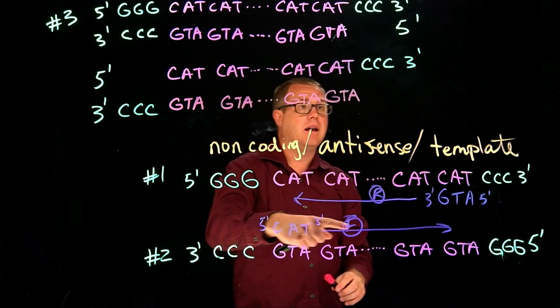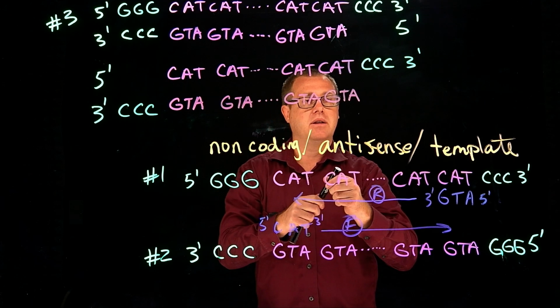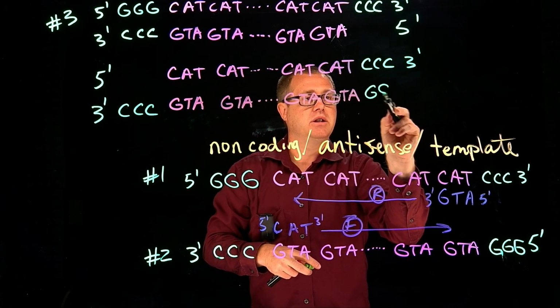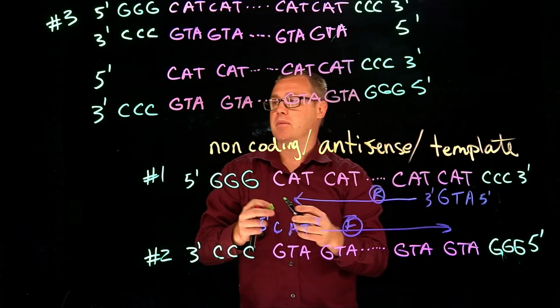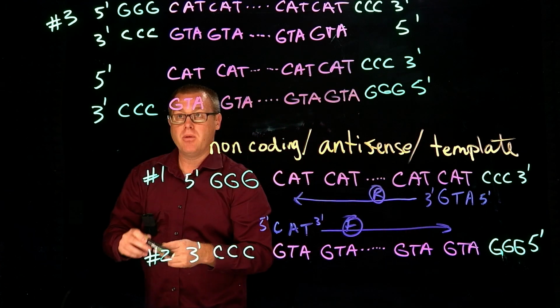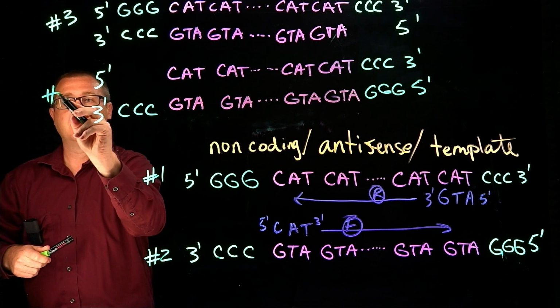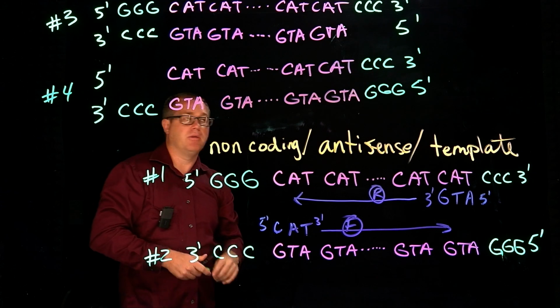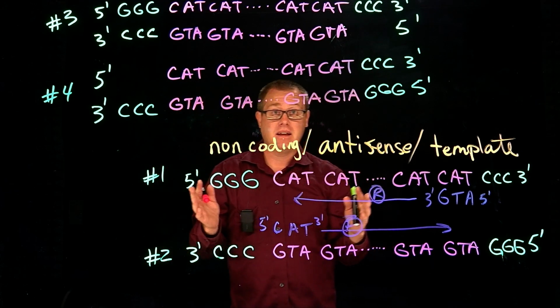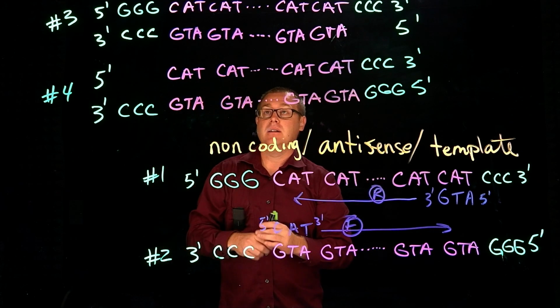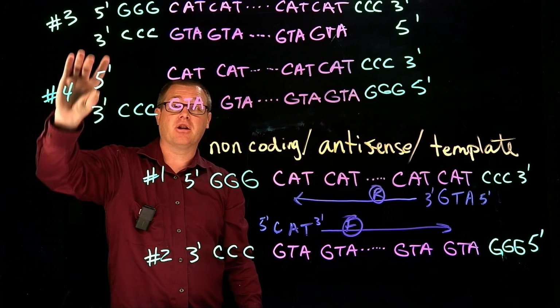Okay. And that's going to have to follow with the GGG 5'. So now we've just made, so we went from the plasmid after the first cycle, we've gone to now 2 linear molecules.